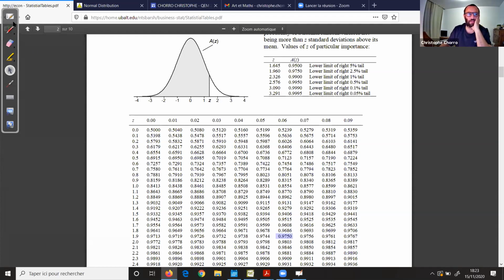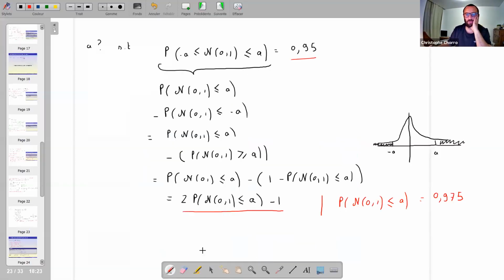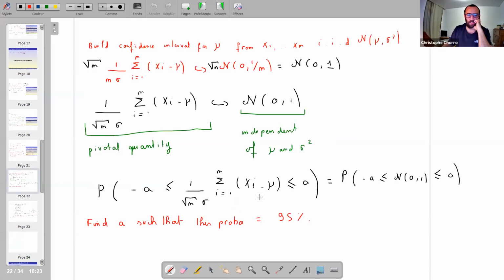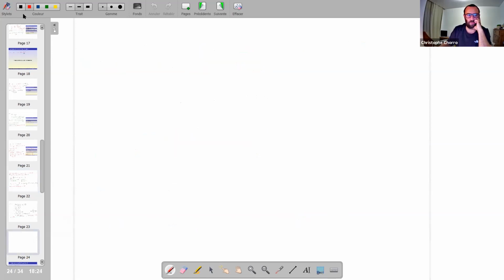So if I come back to what I want to do, the a I found here is a equal to 1.96. And if I come back to my initial problem, keep in mind that I was building this probability and looking for an a such that this probability is equal to 95%. So let's continue with what I have done.